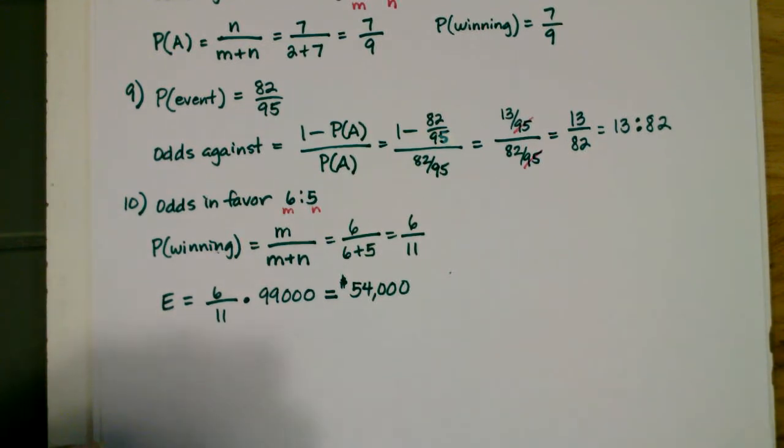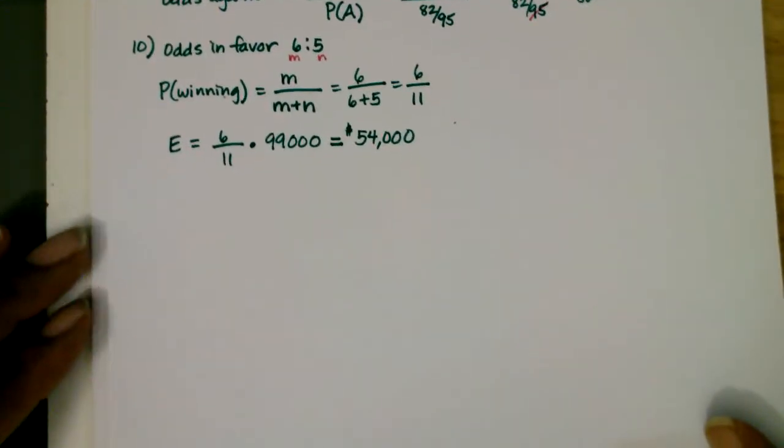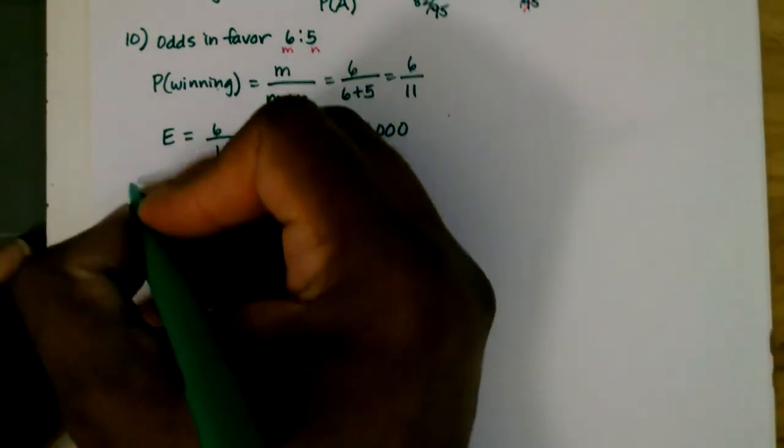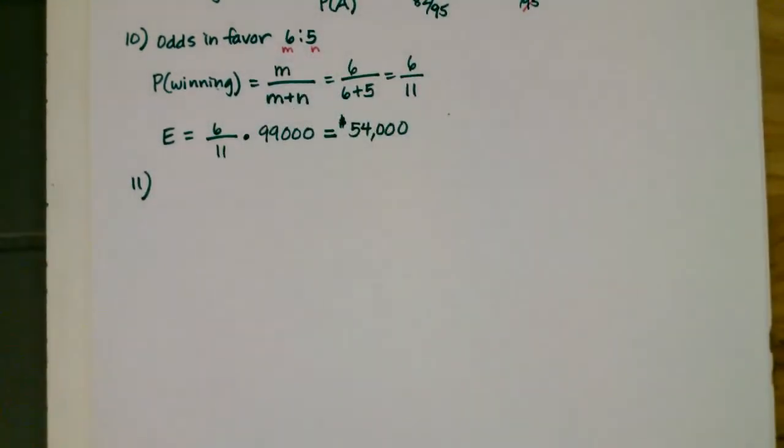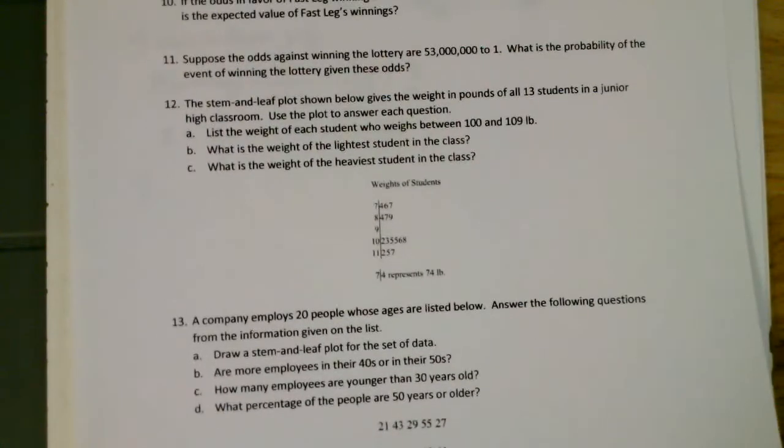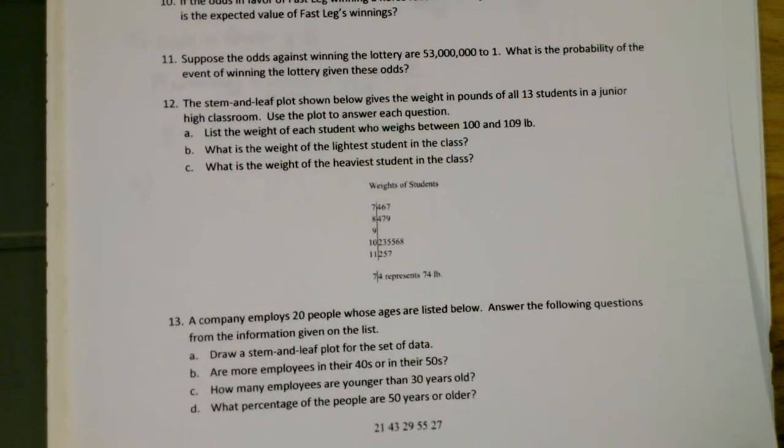Now number 11. Number 11 is this. Suppose the odds against winning the lottery are 53 million to 1. What is the probability of the event of winning the lottery given these odds?